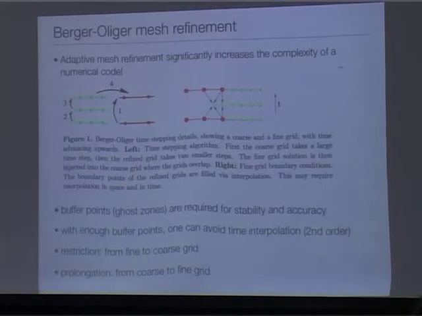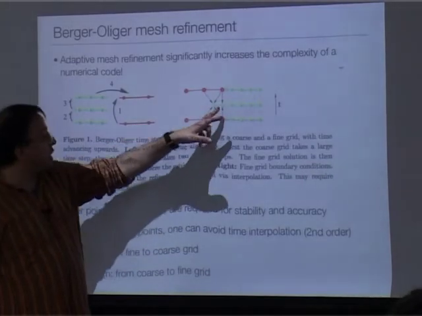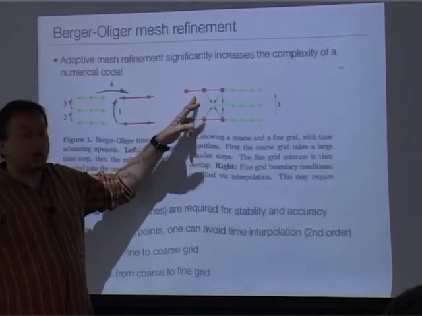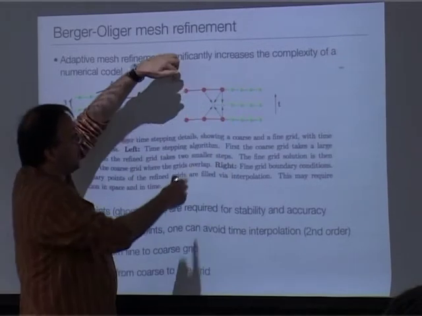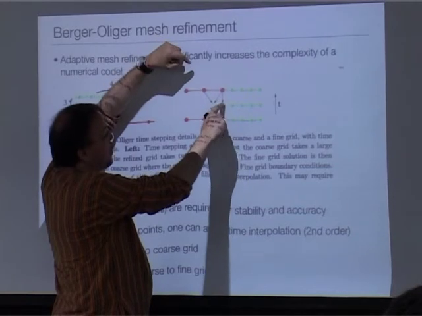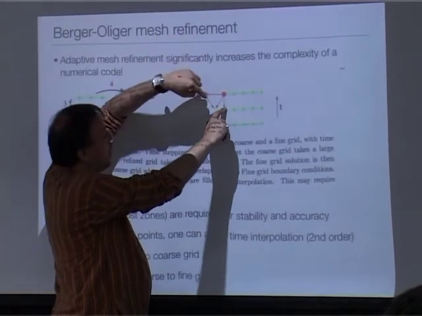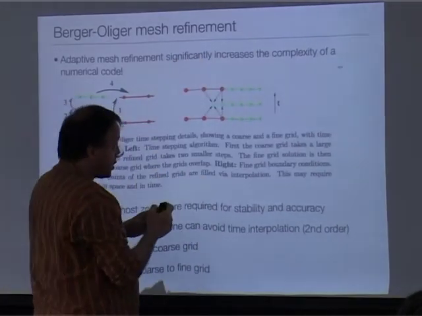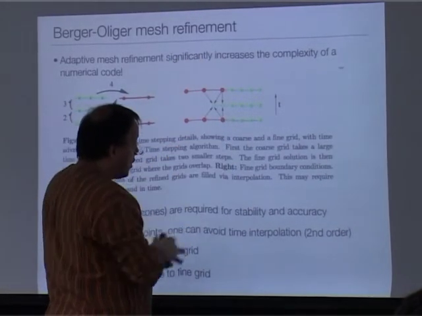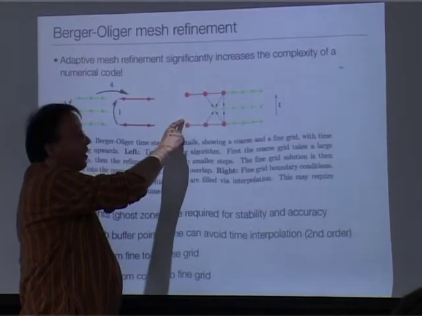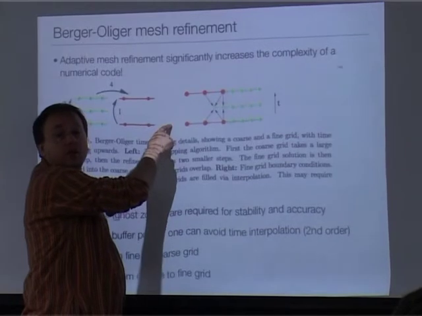What you can do is have some extra points here, which are just buffer points. In order to compute the finite difference stencil for this point, I need a point here, so I have to fill in this information. If I have an overlap between the grids, I just have fine grid points all the way up to here. I don't have to fill this in, I just have this information.